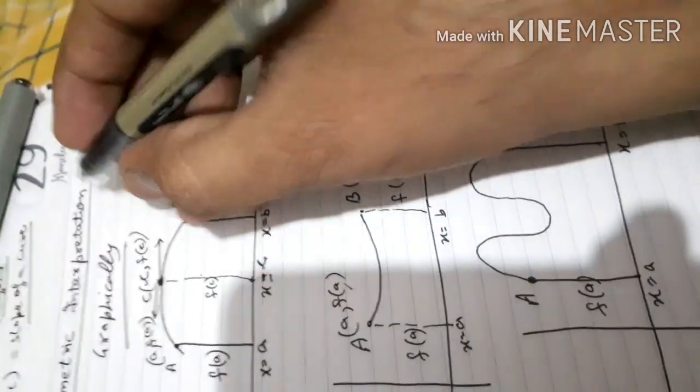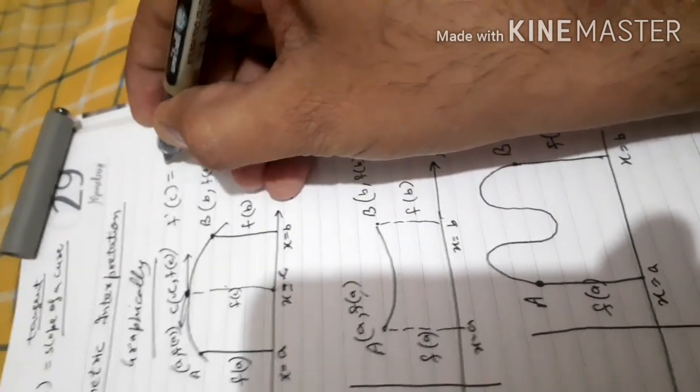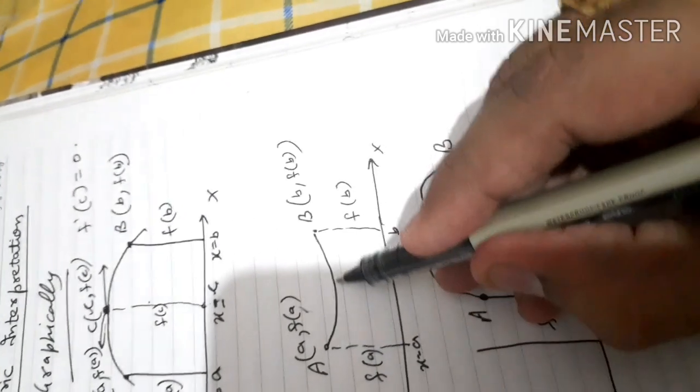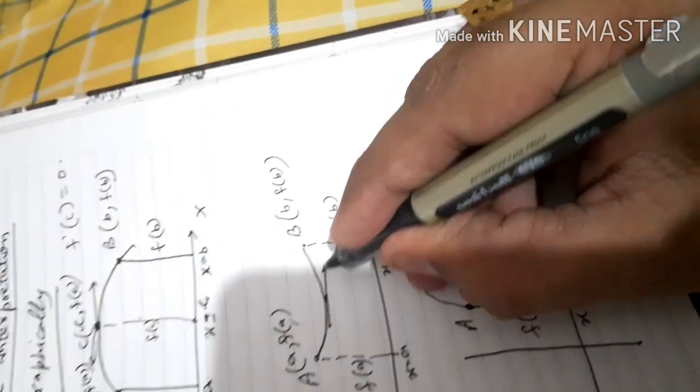Slope of the tangent is 0 means at this point f'(c) is equal to 0. In this case we can draw lots of tangents, but at least at one point we will get it.